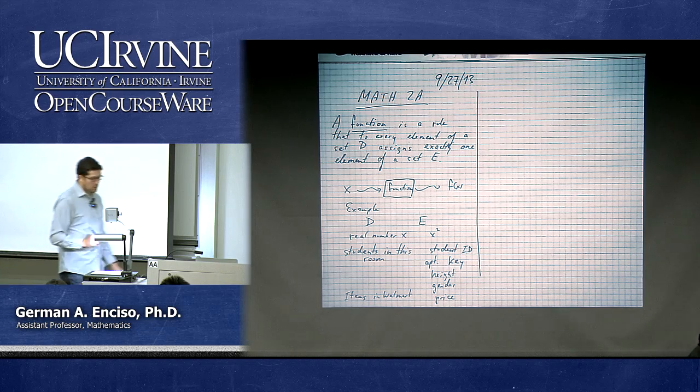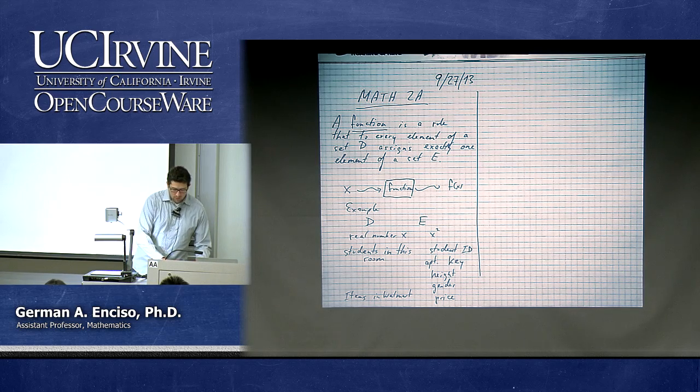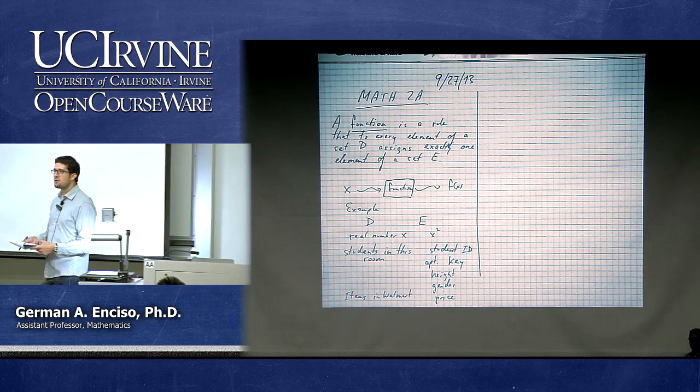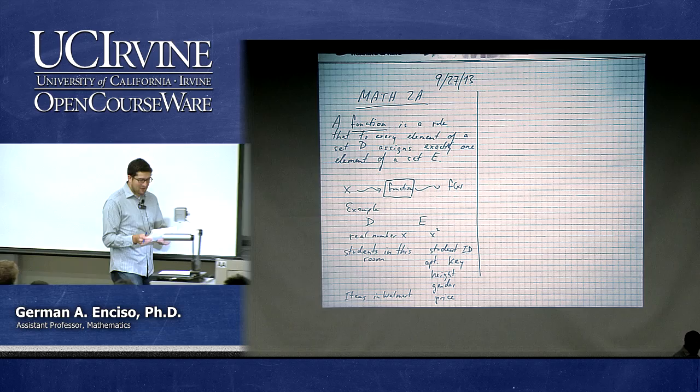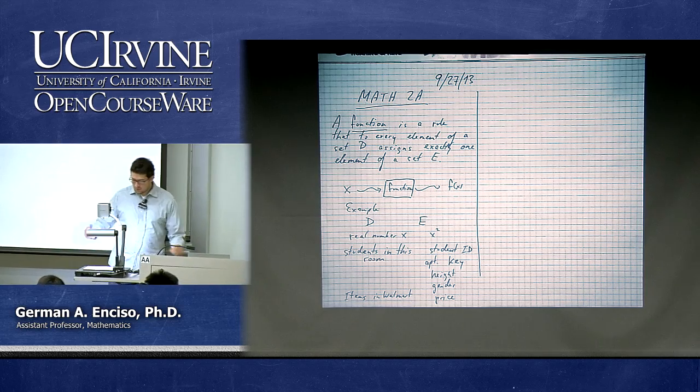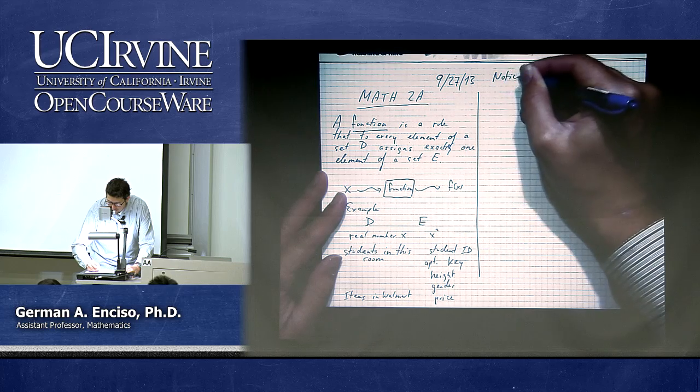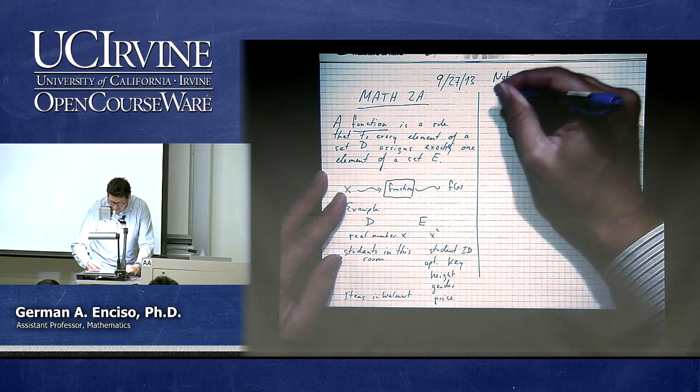Okay? So I'm going to point out two very important properties that are actually written in the definition of the function, but you may not have noticed explicitly. So these are the two properties that you're looking for. Notice the two things.